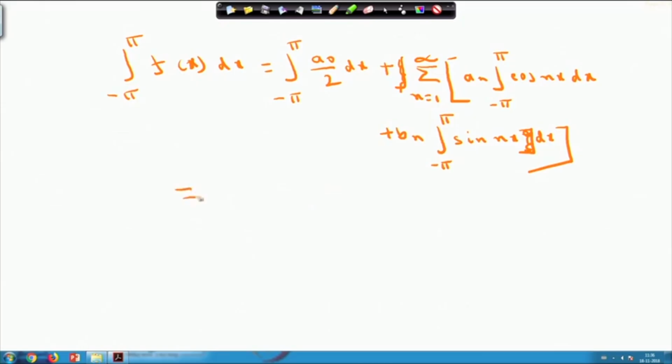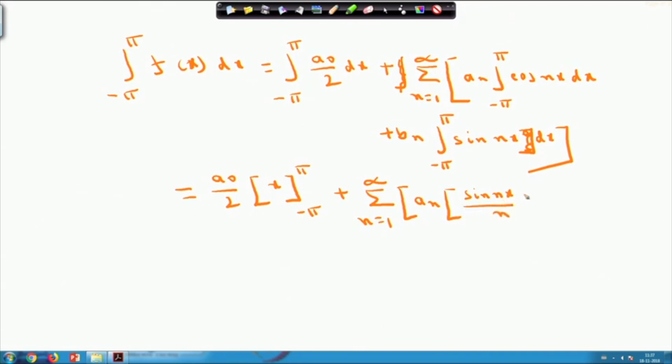Now, if I evaluate the integral, I will obtain a0 by 2 into x from minus pi to pi plus summation n equals 1 to infinity a_n into sin nx by n from minus pi to pi, plus, a minus term will come since I am integrating sin nx, minus b_n into cos nx by n from minus pi to pi.